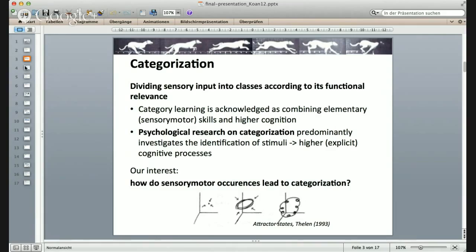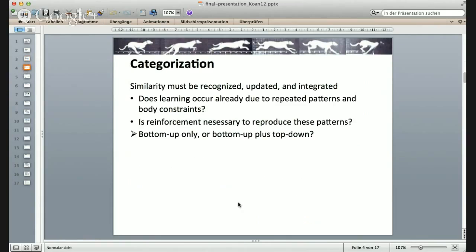And so what is necessary to start to categorize, to find differences or borders in between sensory motor streams. So similarity patterns must be recognized, they must be updated, and the updated thing must be integrated into those patterns that are recognized.